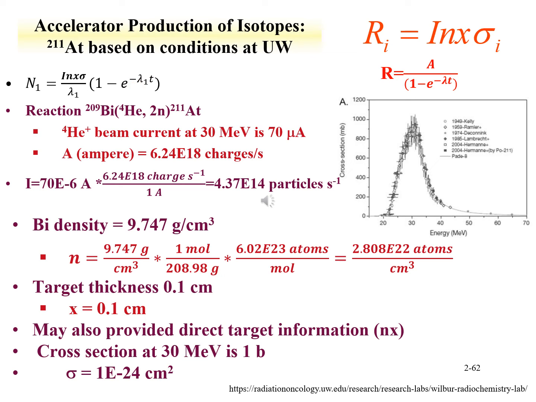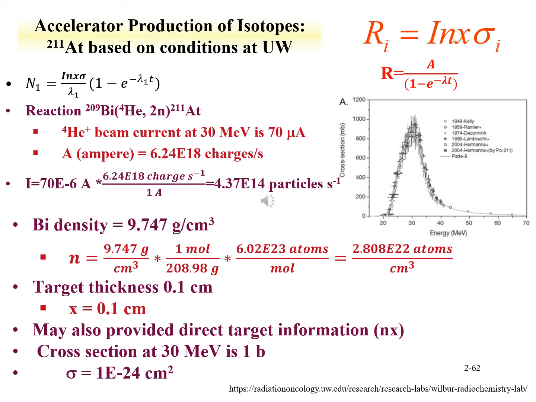And again, just like the reactor example that we showed on the previous page, if we know the activity and divide that by the saturation factor, we will get the production rate. So for the production of astatine-211, which is used as a radiopharmaceutical, the reaction includes a bismuth target, a helium projectile, 2 neutrons come off, and the product nucleus astatine-211 is produced.